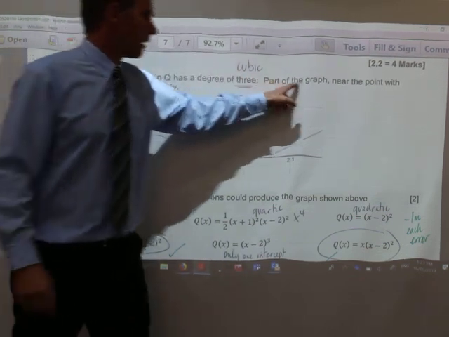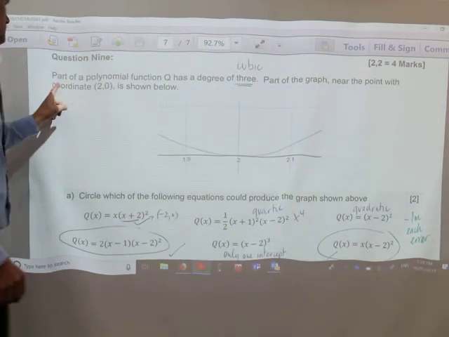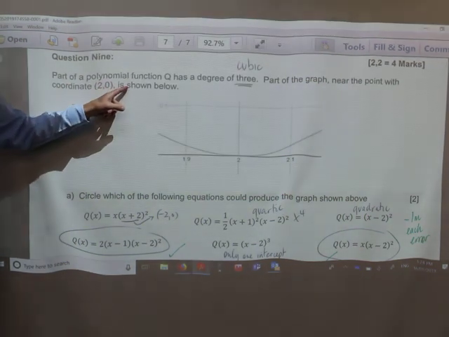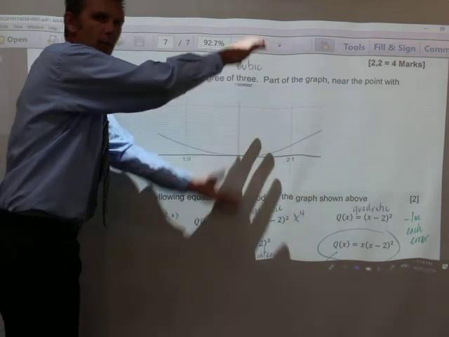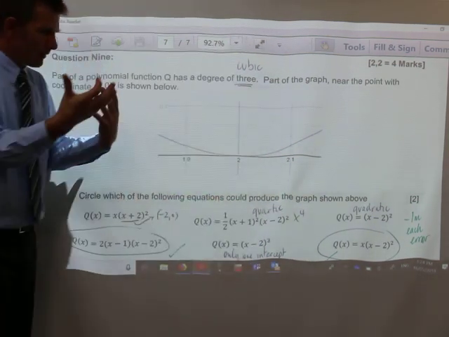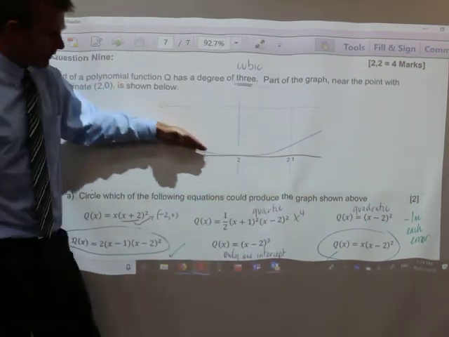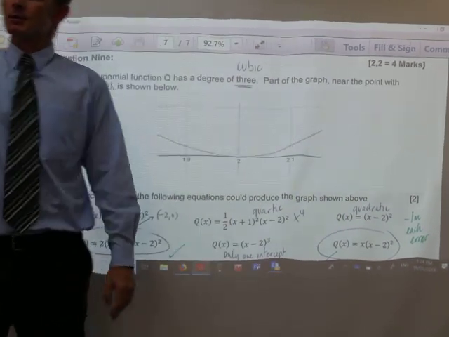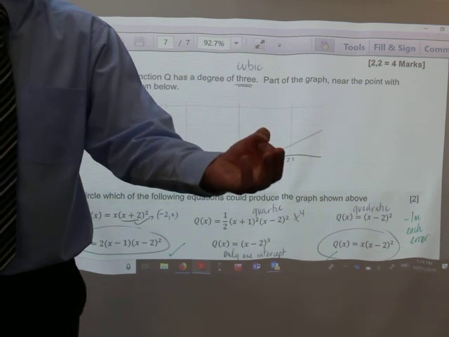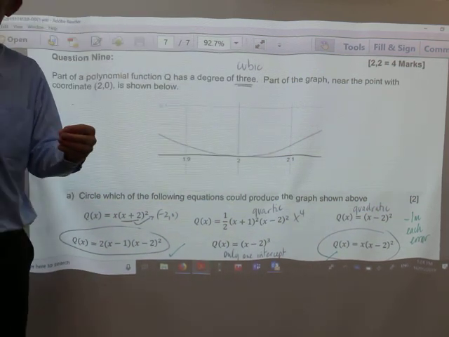Part of the graph near the point with the coordinate (2, 0) is shown below. Now this point, it didn't really matter about that. We couldn't do anything actually with that. I know you might think we could, but it just tells me that it turns on the axis. So that means the turning point and a point of intersection have to be the same there, don't they?